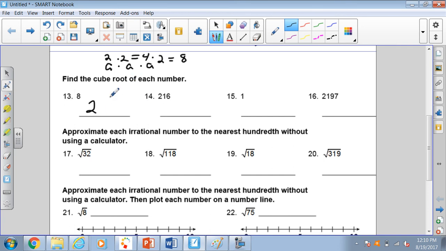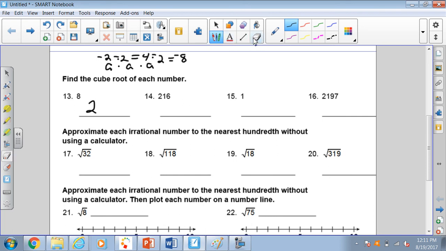No, it will not. And here's the reason why. When we're cubing things, if it was a negative 2, I'd have a negative times a negative, which would equal a positive, and then a positive times another negative would equal negative 8. So when we're cubing, it's just going to be one answer and not two different answers.